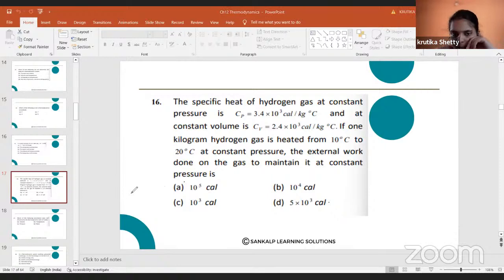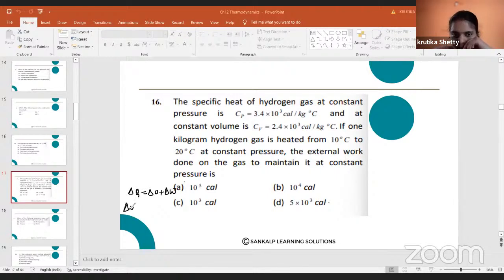Here we know that according to the first law we can write delta Q is equal to delta U plus delta W. Here they are asking about two conditions, there are Cp and Cv values.